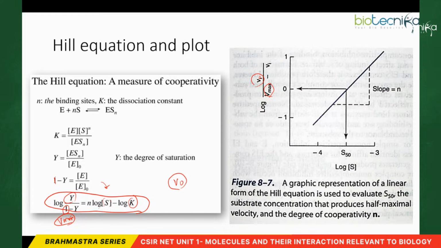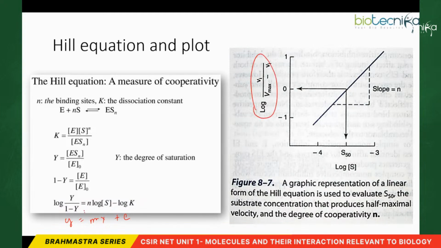dissociation constant. Okay, so we know that this falls in the form of y is equal to mx plus c. This is the equation, and on the y axis we take whatever we have mentioned here, and on the x axis it would be log of substrate concentration.